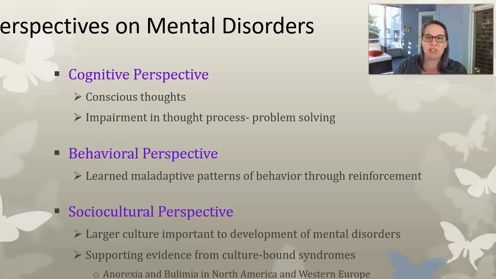So one of those examples is something that we've talked about already, the eating disorders. So anorexia and bulimia, much higher instances of those disorders in North America and westernized Europe. So why is it that there are higher instances in those areas than there are in the continent of Africa or in the Asian countries?